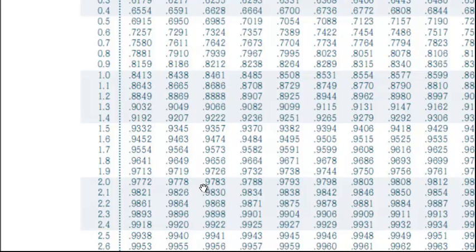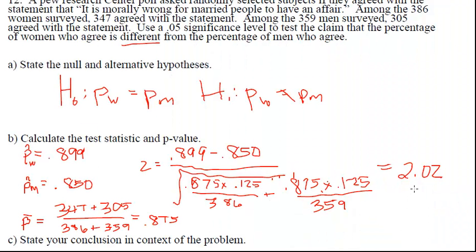However, we're going to have to subtract that from 1 and then multiply by 2. And so the p-value, it's a two-sided test, so we take 2 times 0.0216.